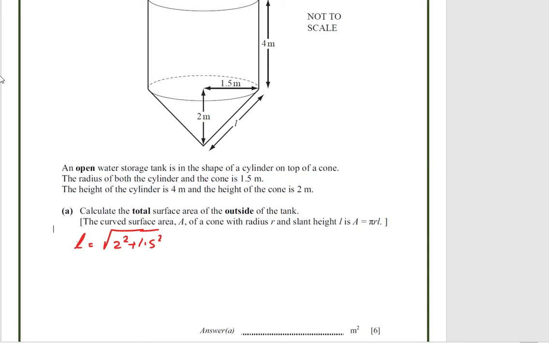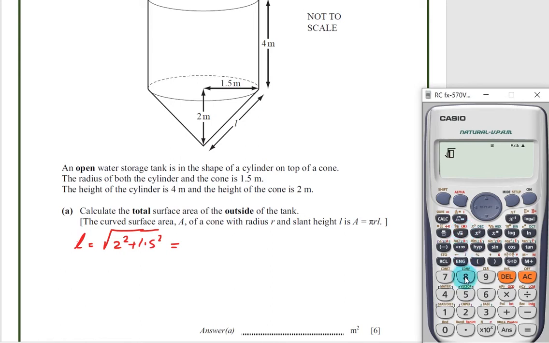Here, Pythagoras. So it's equal to the square root of 2 squared plus 1.5 squared. So it's equal to 2.5.